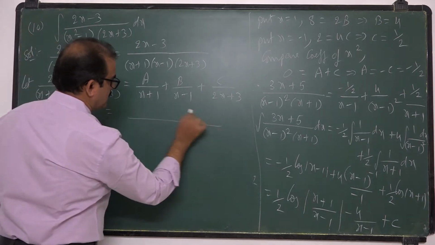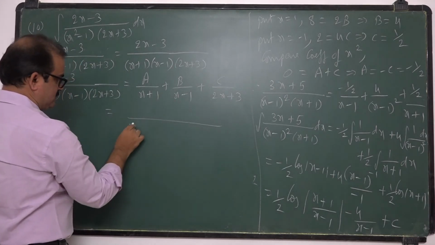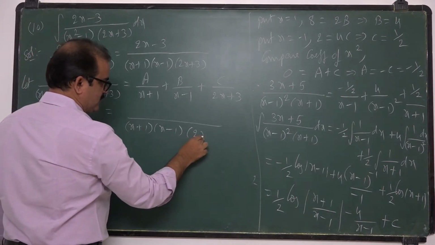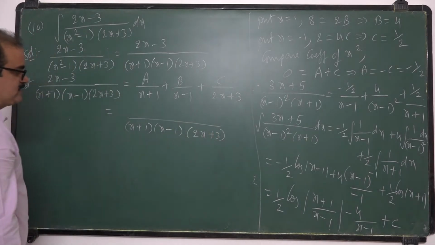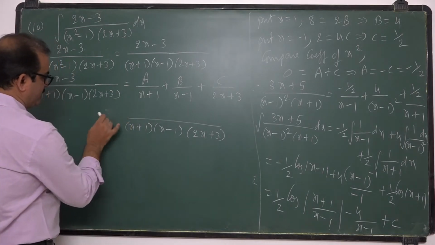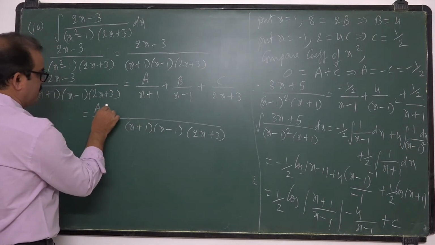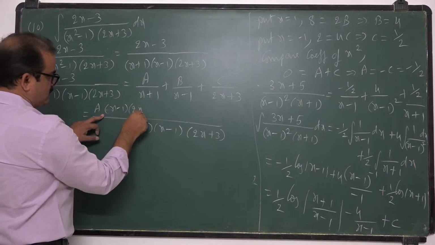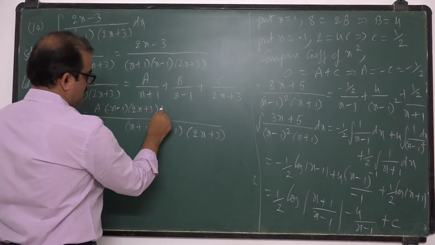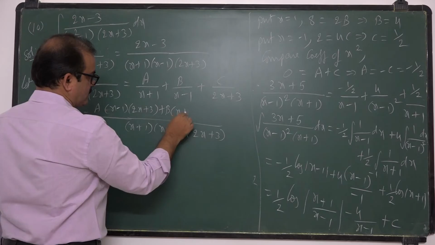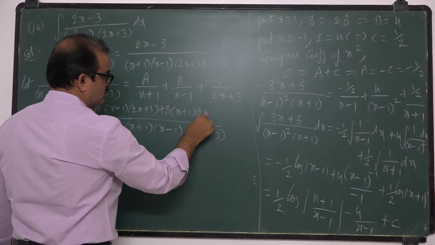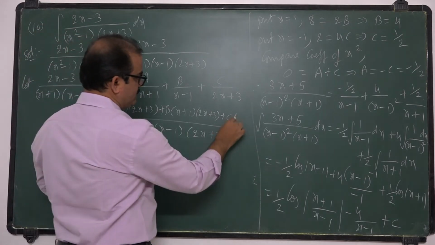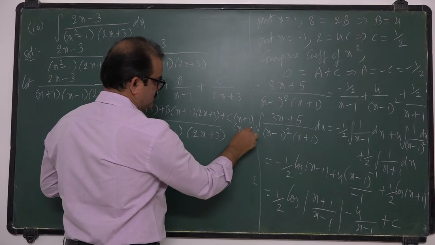What is the LCM of RHS? x plus 1 into x minus 1 into 2x plus 3. In numerator, what we get? A into x minus 1 into 2x plus 3 plus B into x plus 1 into 2x plus 3 plus C into x plus 1 into x minus 1.